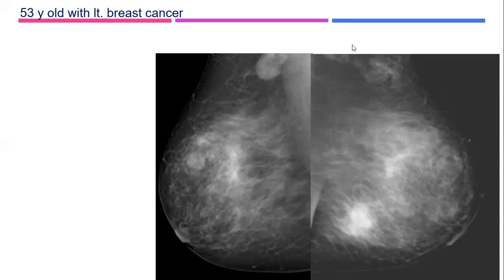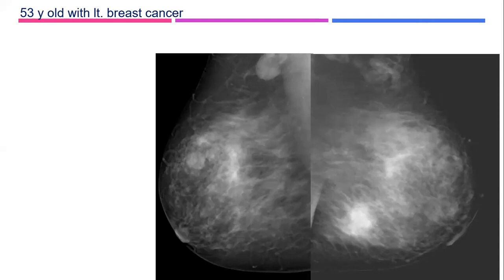About the right breast, also there is a mass. One of them is well circumscribed, the other one has an indistinct margin. It is only one lesion on the right.